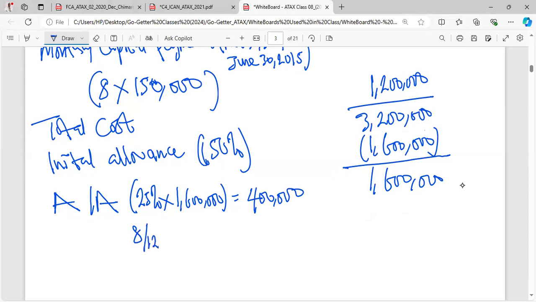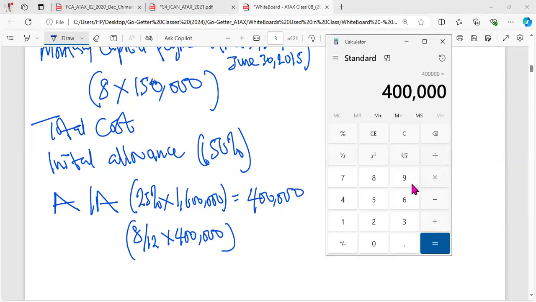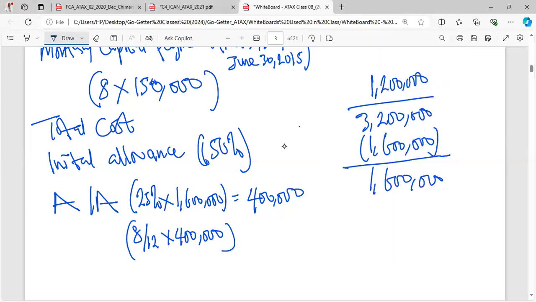Say 8 over 12 times 400,000, because it is not up to 1 year. 400,000 times 8 divided by 12, that will give me, let me do it like this, 8 times 400,000 divided by 12, still the same thing, 266,667. So this is your annual allowance.